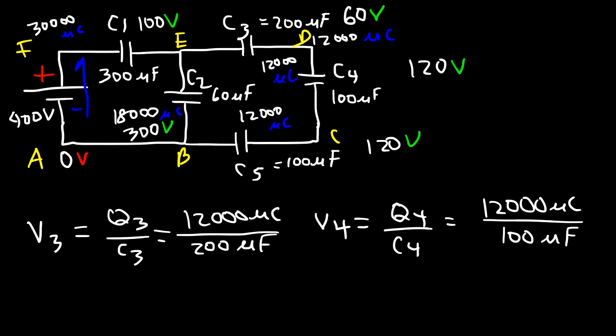Going in this direction, that's going to be a voltage lift of 400 volts. Now this capacitor is going to have a positive charge because it's next to that terminal. And this is going to have a negative charge. And so this is going to be positive. This is going to be negative because it's next to this sign. This will be negative, and that will be positive, and so forth.